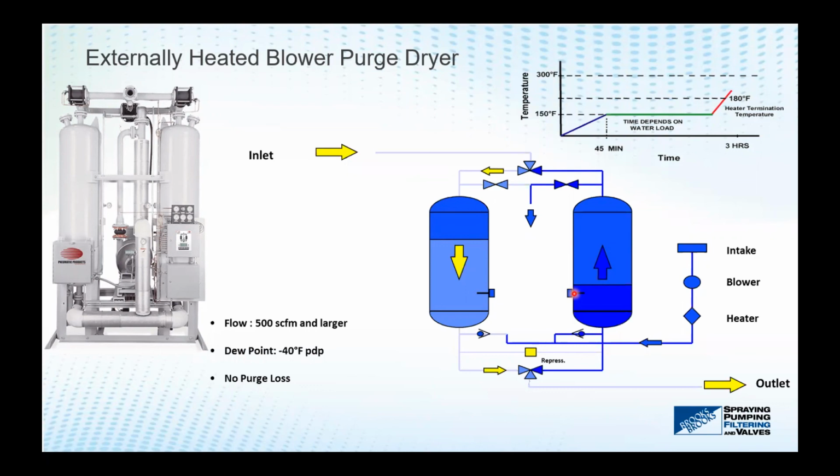So SPX and John Brooks, with our technicians at John Brooks, we upgrade heatless dryers to more energy efficient units by adding these blower packages and redesigning the regeneration concept to eliminate that 15% purge.